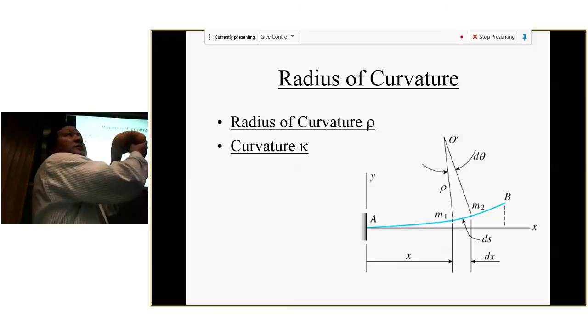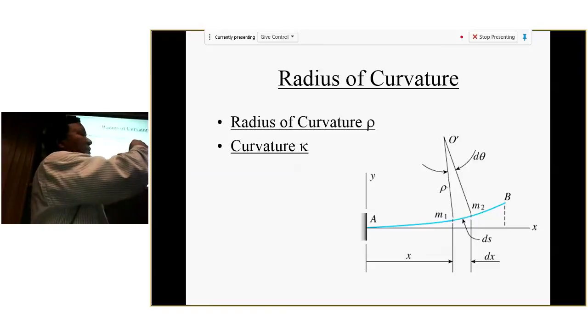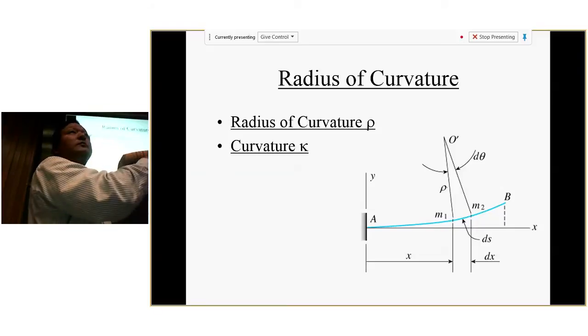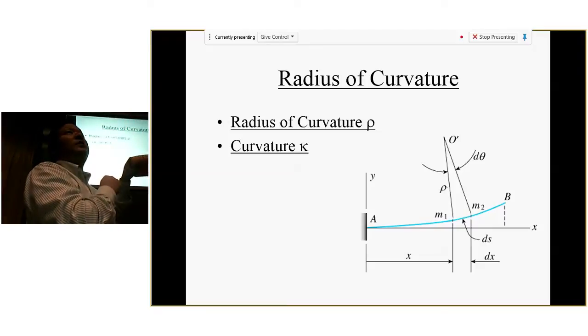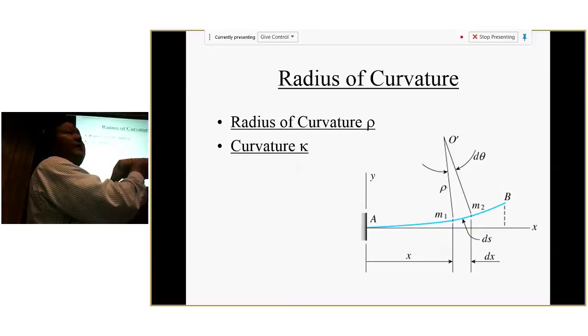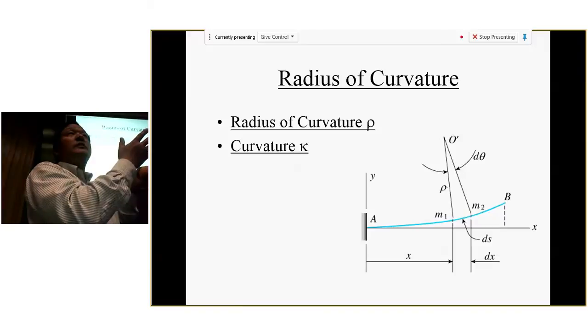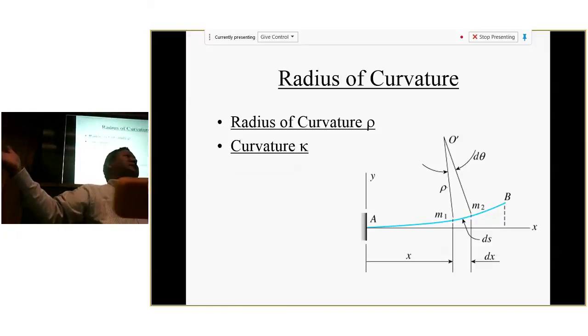Is this thing deformed uniformly? If you look at the cross section, top to bottom, is the deformation uniform, the same everywhere? No, because this part gets compression, a negative value, and here is a positive value, elongation. So it's not uniform.